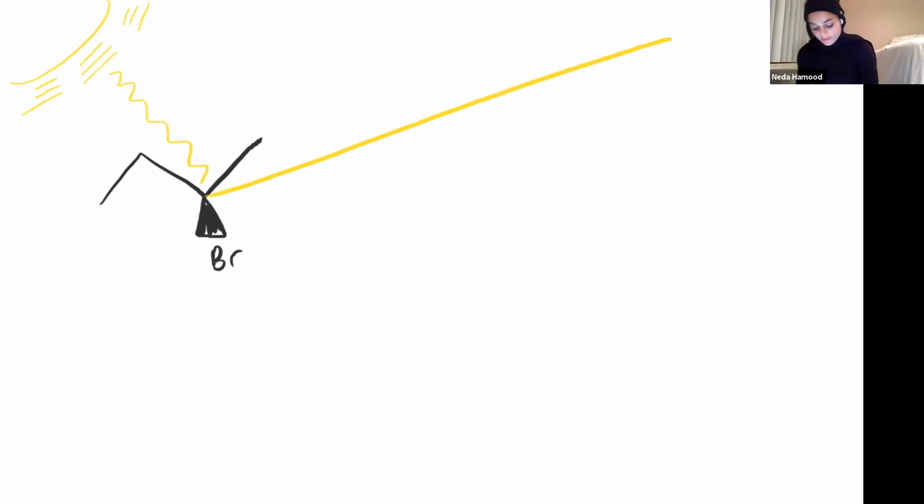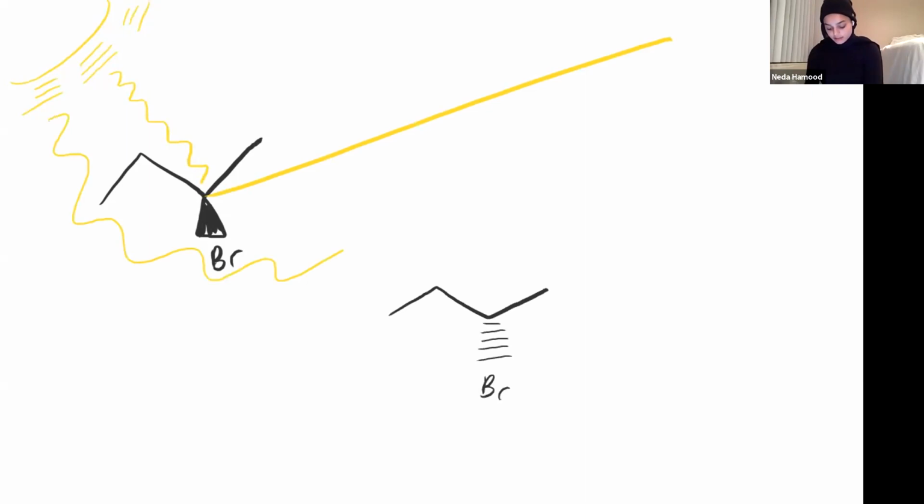Let's say we have this molecule over here, Br, and you want to shine some light on it. Over here we have a nice sun, and it's shining light over here. So this is going to polarize the light. Now, if you look at the enantiomer, and you have the Br like that, light is also going to shine on this one, and the light is going to be polarized that way.